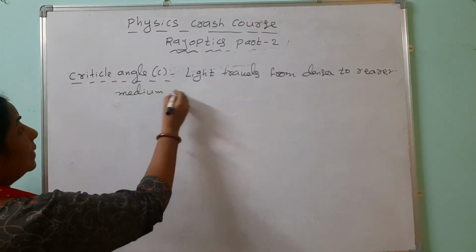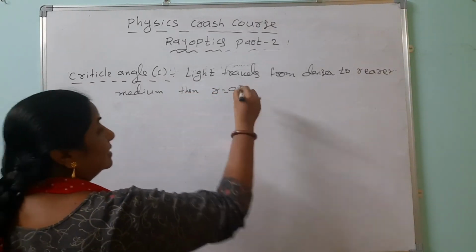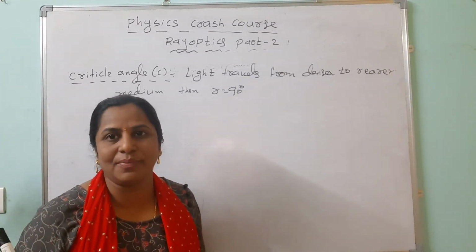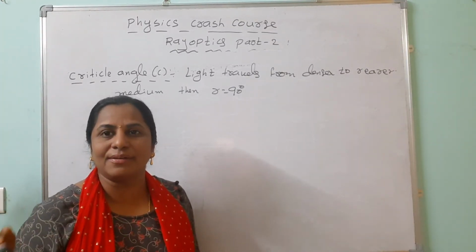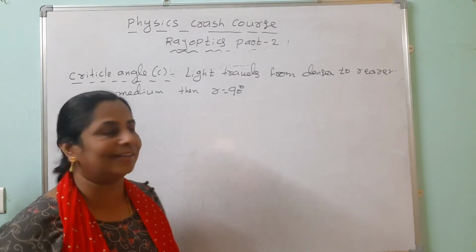At that time, the angle of refraction is 90 degrees. Only then can you say that it is the critical angle. Light travels from a denser to a rarer medium, and for a particular angle of incidence the angle of refraction is 90 degrees. That is called the critical angle.